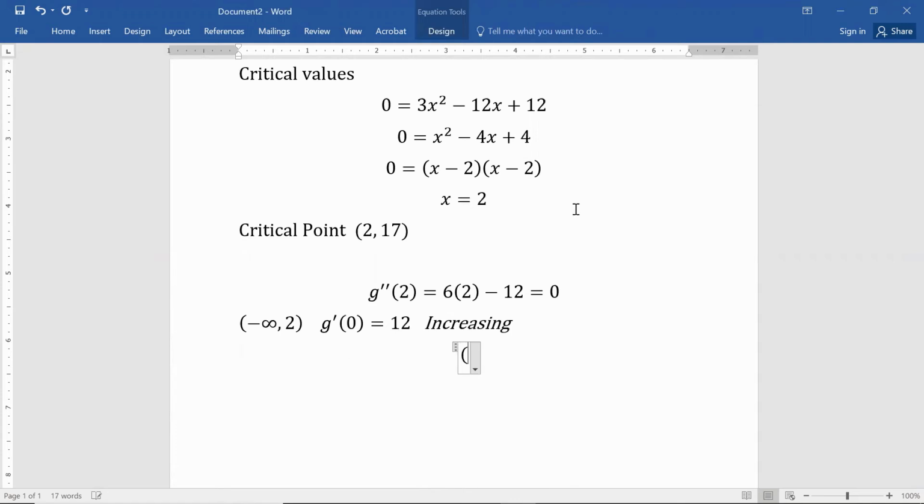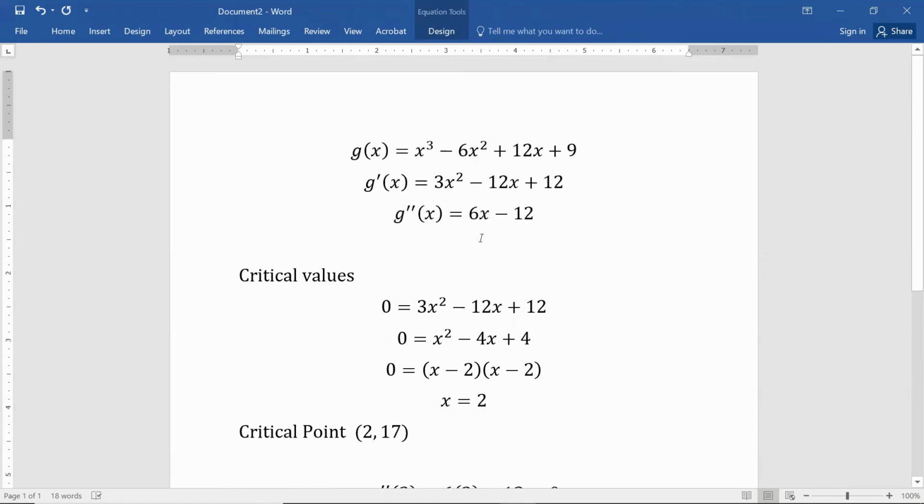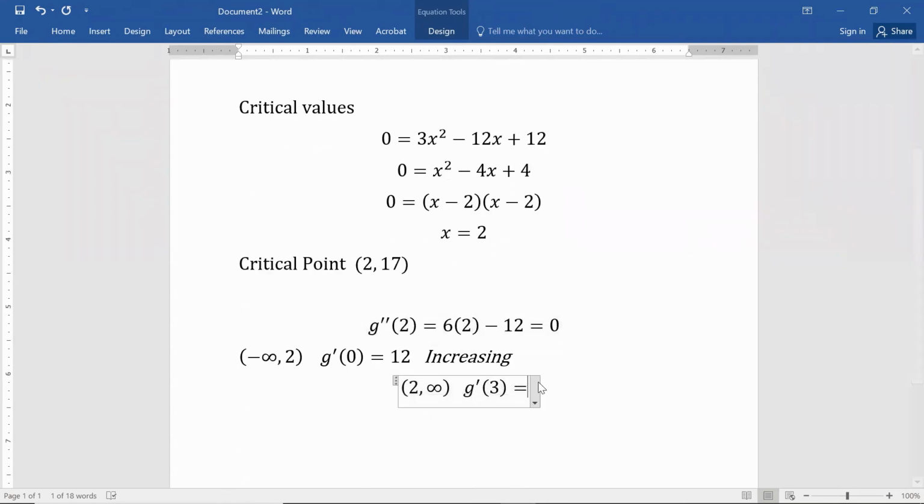Now from 2 all the way to positive infinity, what's my function doing? Let's plug in a value of 3. When I plug in a value of 3, again into my first derivative, 3 times 3 squared minus 12 times 3 plus 12 gives me a positive 3.